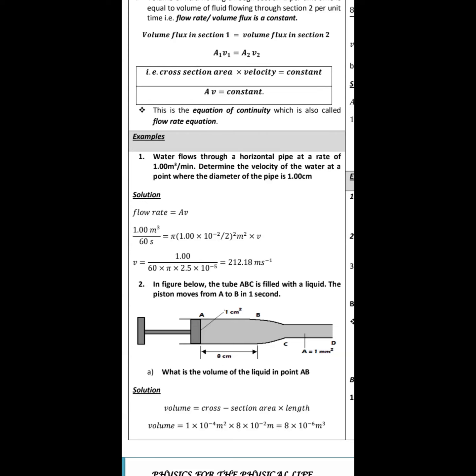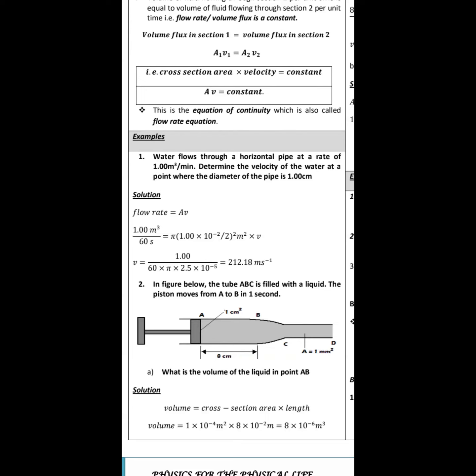As earlier stated when we were deriving the formula, volume is the base area or the cross-sectional area multiplied by the length if it is horizontal.